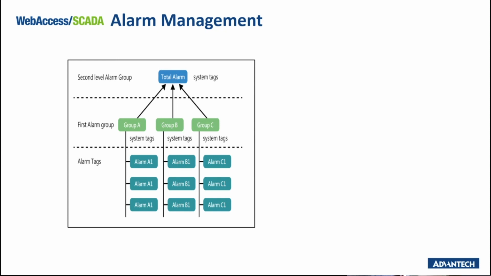As mentioned, WebAccess supplies a built-in alarm summary display, alarm group, alarm log display, and audible alarm notification to the operator. There is a list of alarm options within our WebAccess, which you can find more details in our training document that we will share at the end of this 3-day session.